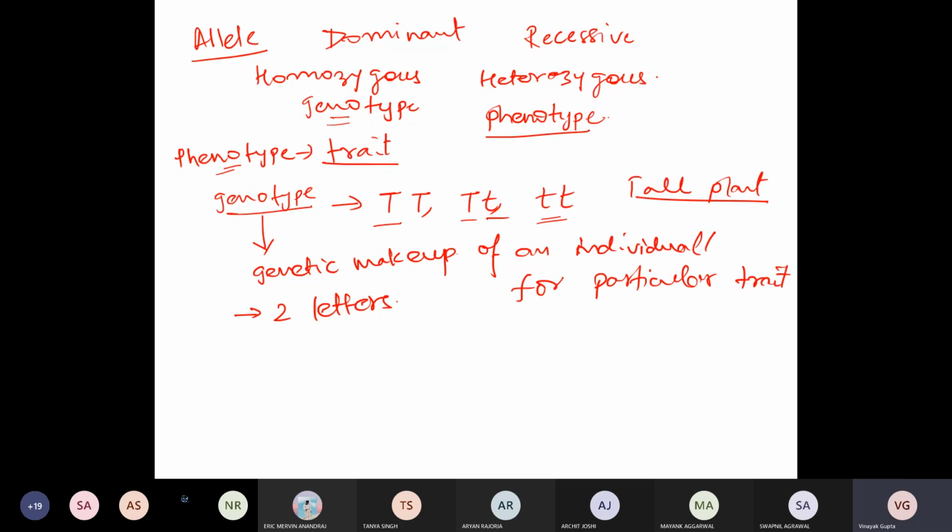Often I have seen that the student's answer is wrong because he or she has considered capital T or small t the same. What is the meaning? Let's see. We have two chromosomes, one from the father, one from the mother, and this is the location where a particular gene which is responsible for height is present.